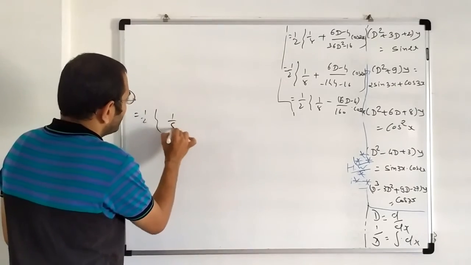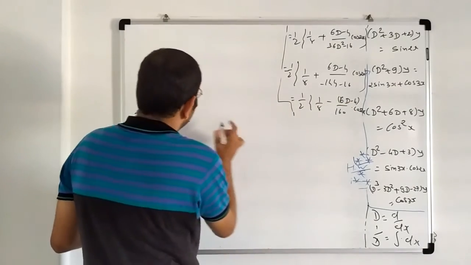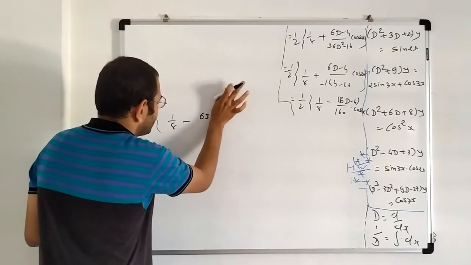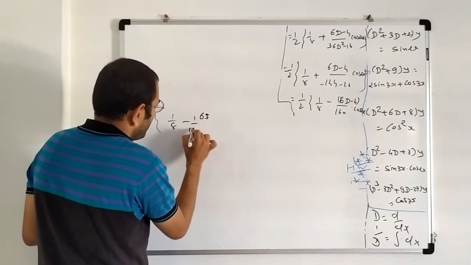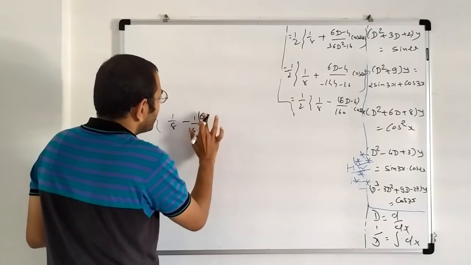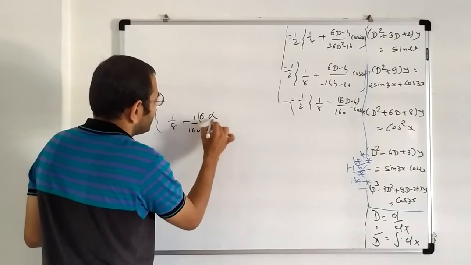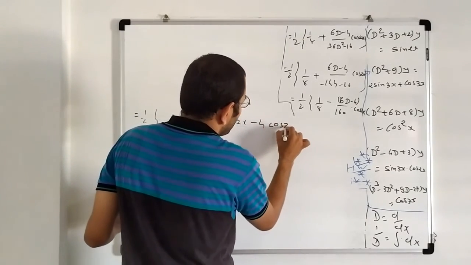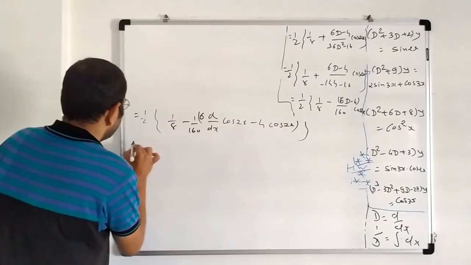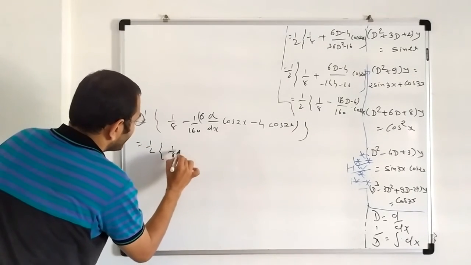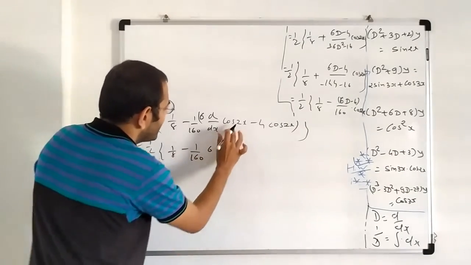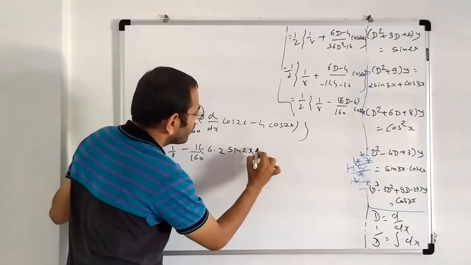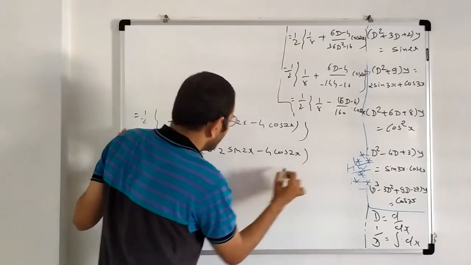Here 1 by 2, 1 by 8 minus 1 by 160, (6D minus 4), where D means d by dx of cos 2x, minus 4 cos 2x. The derivative of cos is minus sin 2x into 2, so we get minus 12 sin 2x minus 4 cos 2x.